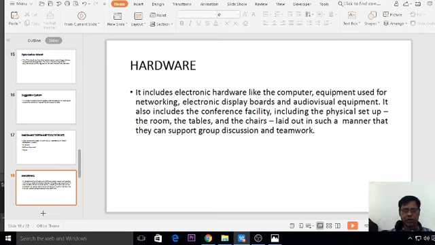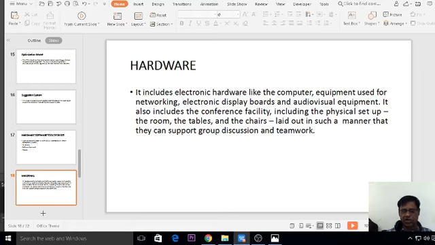Hardware includes electronic hardware like the computer and equipment. The computer system is connected with a printer or keypad, for networking, or an electronic display board and audio visual equipment, audio video equipment.